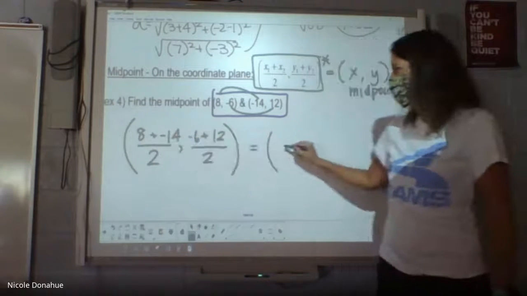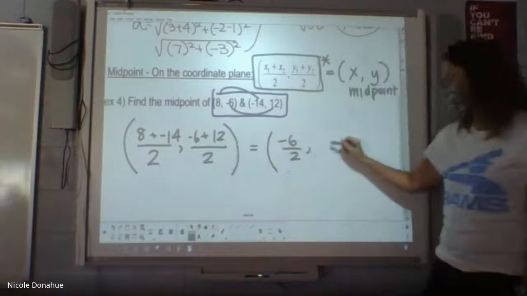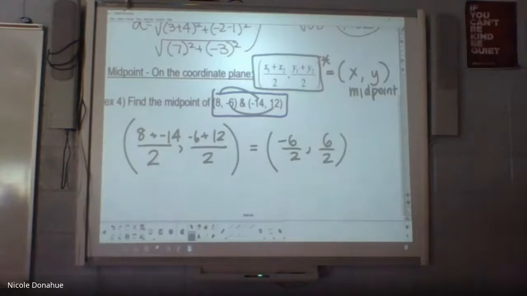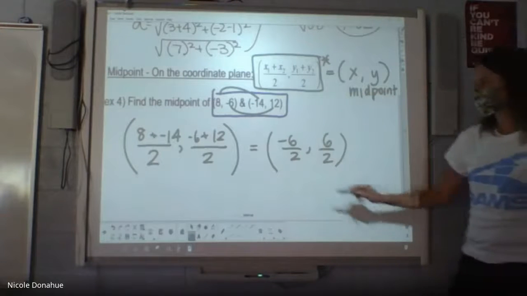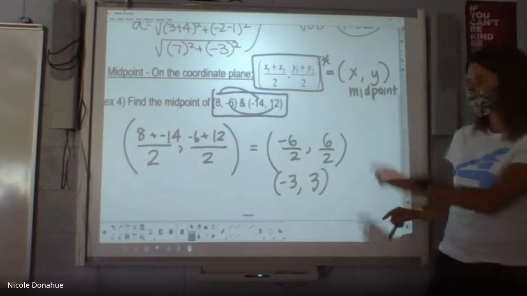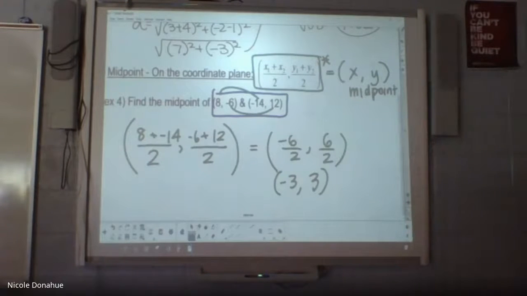So we get negative 6 over 2 and positive 6 over 2 when I add them. So I end up with negative 3 and positive 3 as my midpoint.